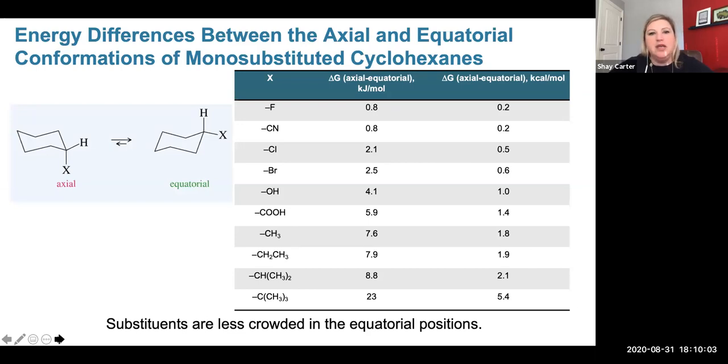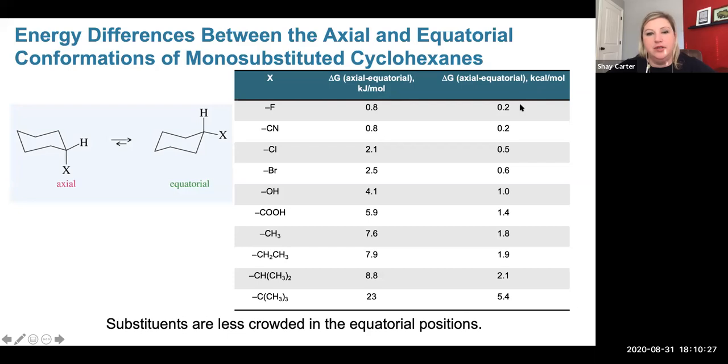Here are some examples and the differences between a substituent in an axial position versus an equatorial position. So if we have a fluorine, the difference in energy between, so these are just in two different units. These are in kilojoules per mole.